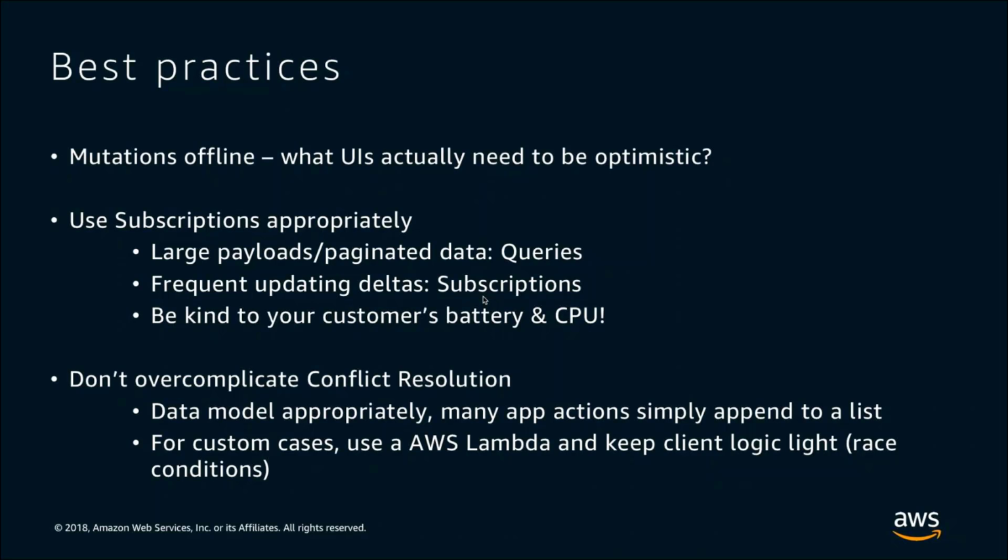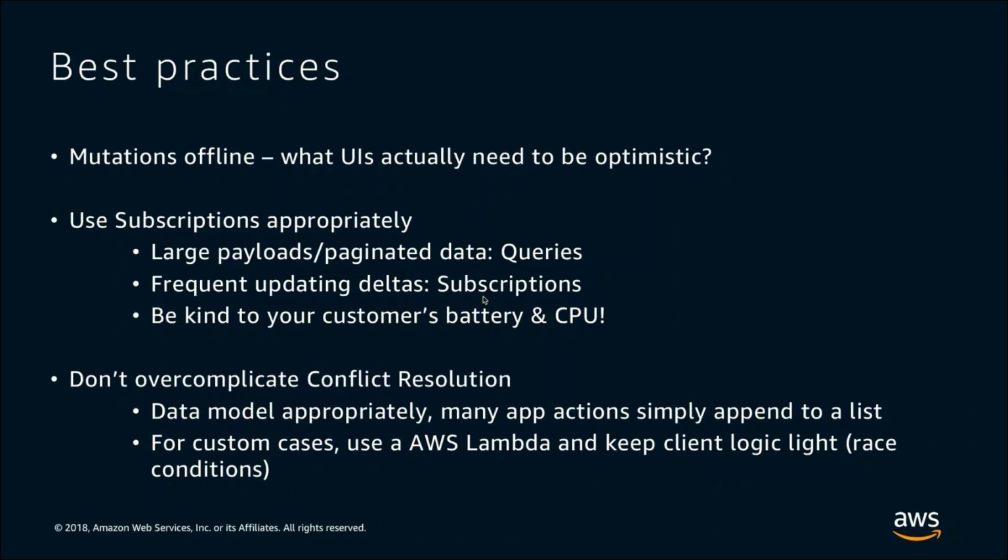The thing to note with conflict resolution is don't overcomplicate it. Model data appropriately. In a lot of cases, conflict resolution might simply be as easy as just appending the data to the list. If you do have custom cases where you want to handle conflict resolution, and you choose to use an AWS Lambda function to handle custom cases, then keep your client logic light.